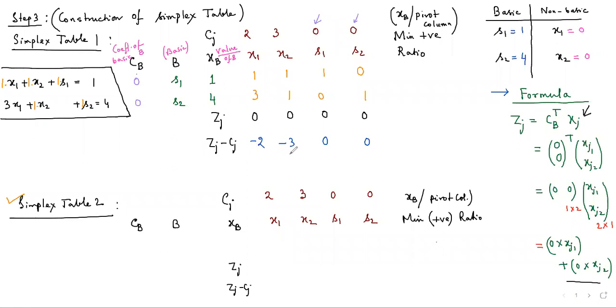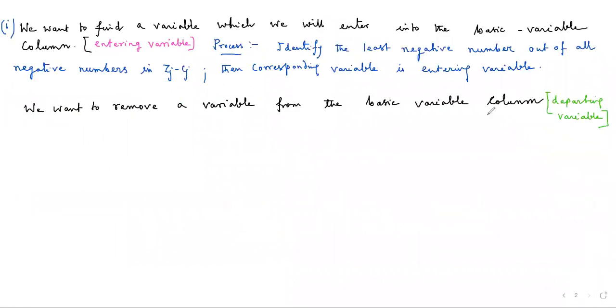So we will put a mark over here like this, which means this variable x2 is my entering variable. So here x2 will enter into the column b.